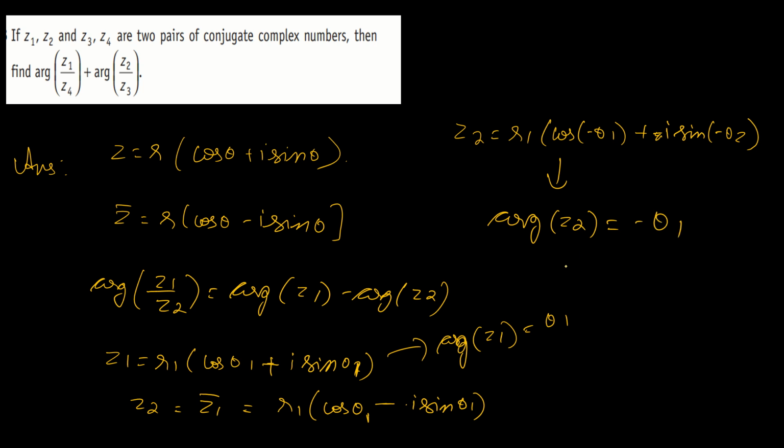Okay, now let us write Z3. So Z3 we can take R2 and theta 2 terms. Z3 we can write like this, R2 into cos theta 2 plus I sin theta 2.